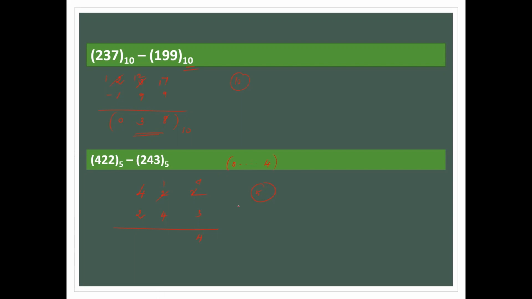I can use here only from 0 to 4, since this is base 5. So no conversion required here. Now 1 minus 4 is not possible, so reduce this and borrow a 5 here. This becomes 6. 6 minus 4 is going to be 2 here. Okay, so this was 3 now. So 3 minus 2, 1 comes here. 124 was the difference in base 5.